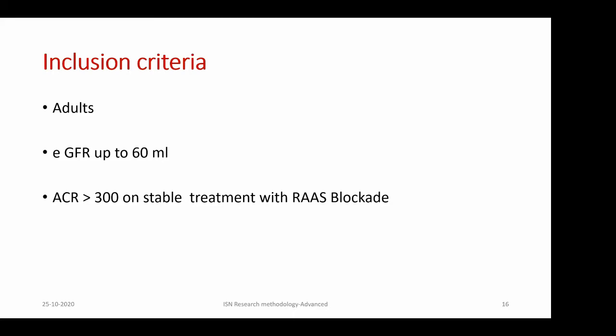And again, de-escalation of therapy is something which we cannot guarantee in the current scenario, because sometimes some of these patients might develop hyperkalemia as we recruit them into the trial. So we have to clearly define in what all scenarios we are going to de-escalate therapy for the intervention as well as the control arm.